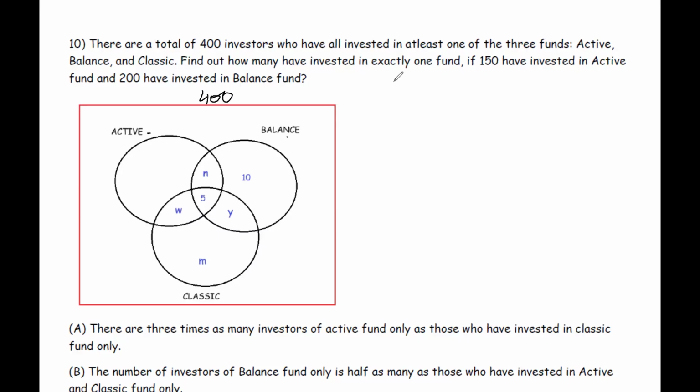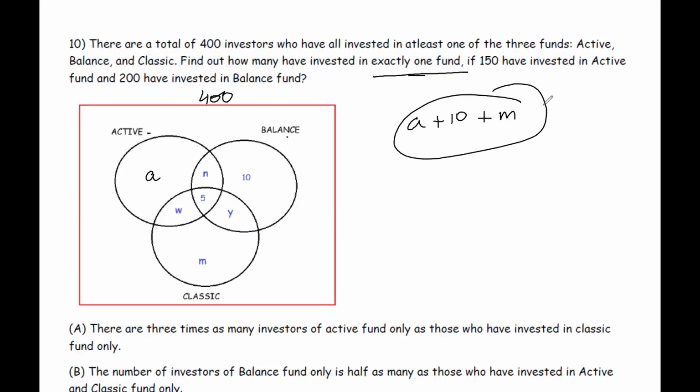Find out how many have invested in exactly one fund. So one fund, if you consider this to be A, then A plus 10 plus M. So only active, only balance, and only classic is your question. This is how much. Okay.